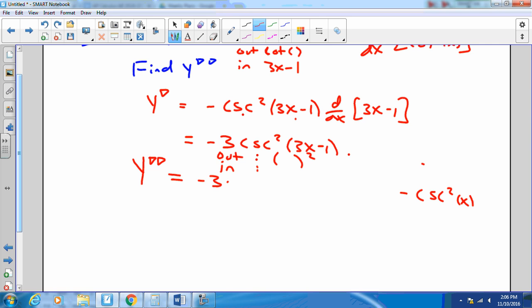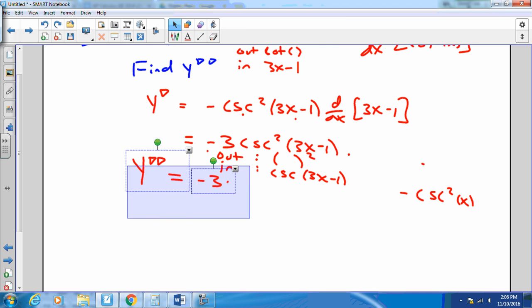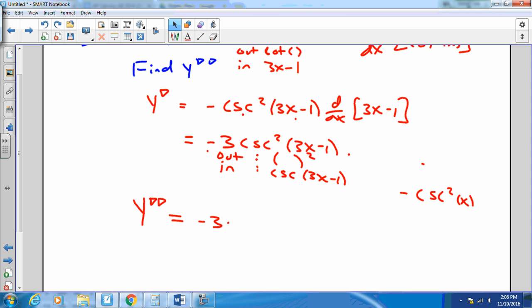Yeah, the square is the outside. I agree. And the inside would then be what? Here's the friendly pro tip: your outside function always has to be a function that you have a derivative rule for. Has to be. Otherwise, you can't get anywhere with the chain rule. Okay, so now with that outside and inside identified, what is my derivative going to look like?